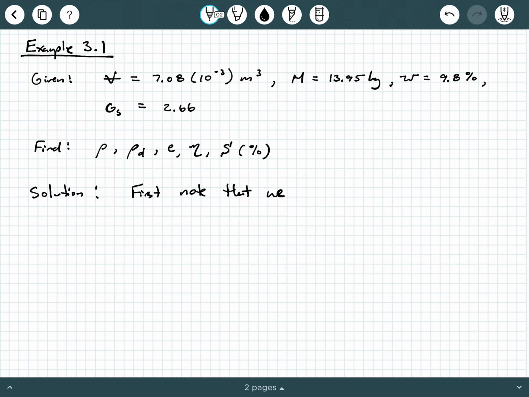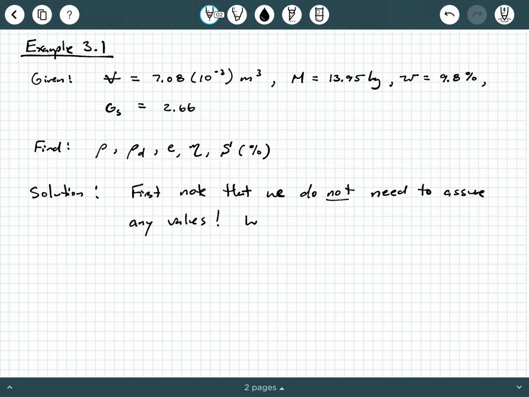Do we need to assume any values here? The answer is no. We do not need to assume any values. Why is that?